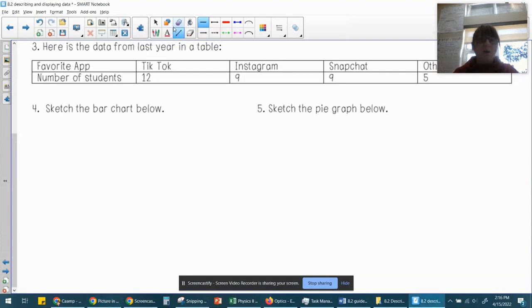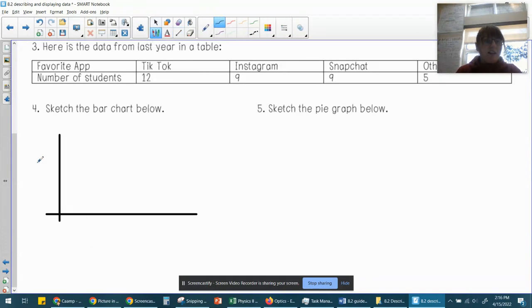So for a bar chart, you're going to need an X and a Y axis, but just the top right quadrant. And then on the left-hand side, this is where we're going to have the number of students. So I'm going to go maybe up by twos, 2, 4, 6, 8, 10, 12.